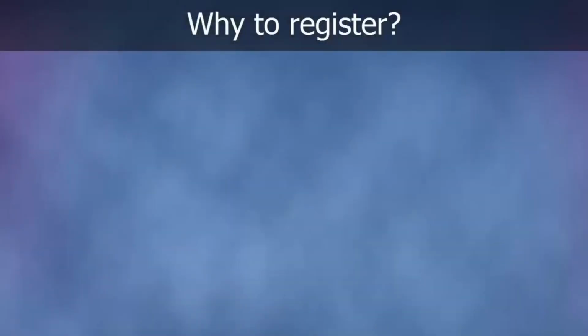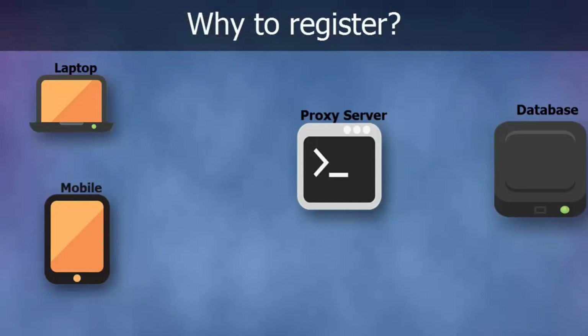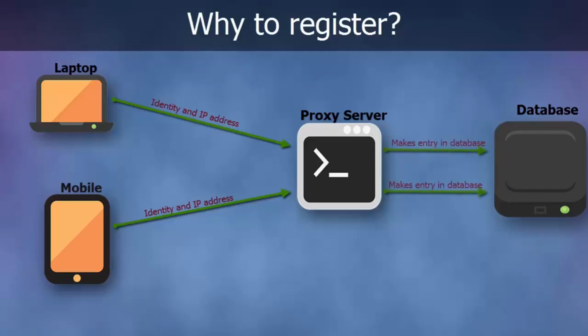Let's first understand why we need registration and what is the relevance of registration in SIP. Basically, registration is a process in which a SIP client sends its identity and IP address to the SIP proxy, and the SIP proxy makes an entry for this client in its database. This entry has the IP address of the client and its identity.